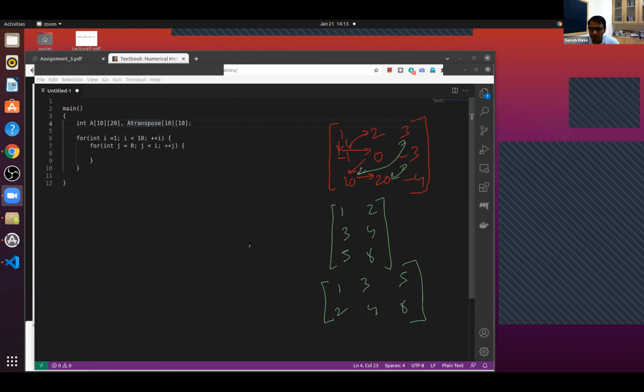Okay, so Gaurav, can you explain? You can share the screen and explain to all of us how you are doing it. I'll stop my screen share, go ahead, Gaurav.